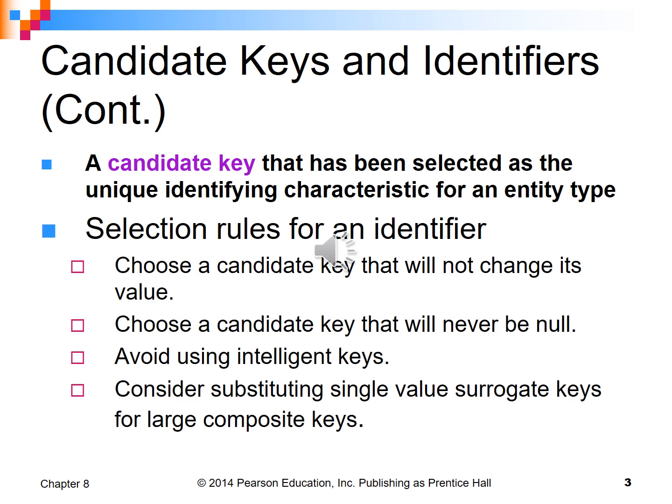Avoid using intelligent keys. An intelligent key is when you have an attribute that has many characters or many integers, and each one represents something related to the business rules or to the business you have. For example, if you look at the chassis number of a car, you will find that it's I believe 14 or 17 integers and letters.